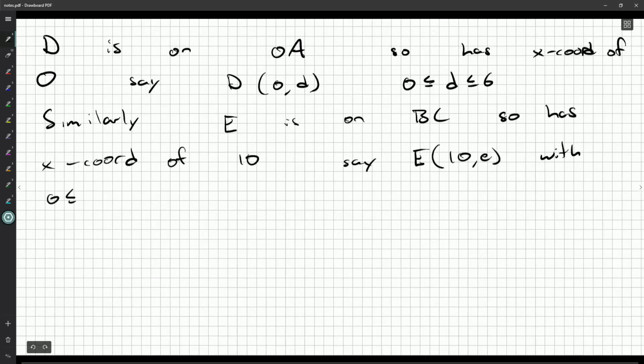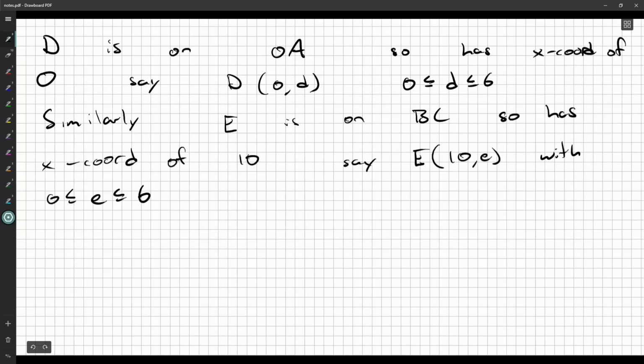And again, we have this nice range: e is between 0 and 6, because it's on the segment BC, not on the line BC, which would allow it to be extended beyond. So we definitely hit the sides of this rectangle.